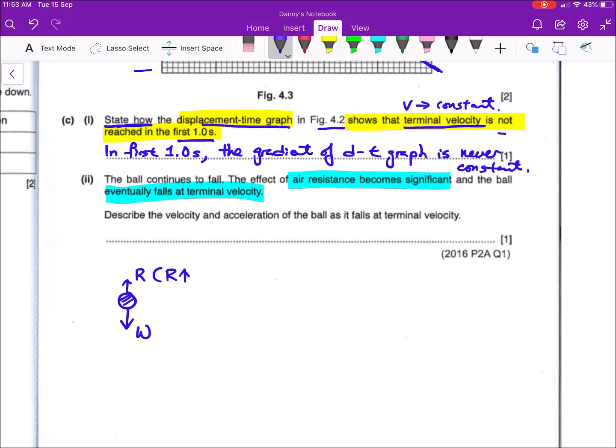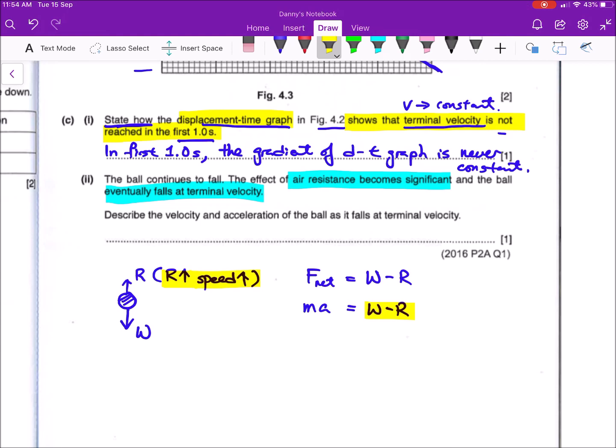It will rise when the speed goes up. So you will notice that your F net is given by W minus R, and using Newton's second law, F net equals MA. So you can see that this term, W minus R, will become smaller and smaller because your R becomes bigger and bigger as it speeds up.